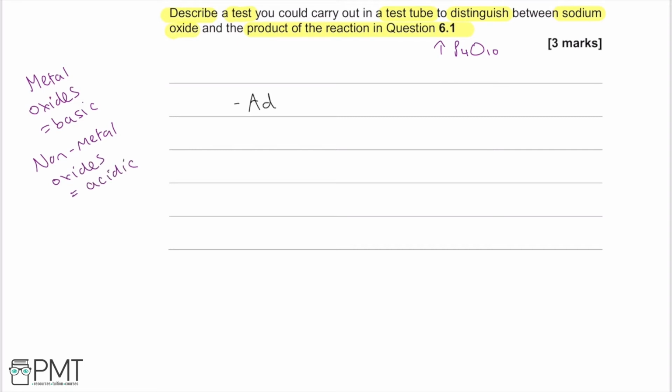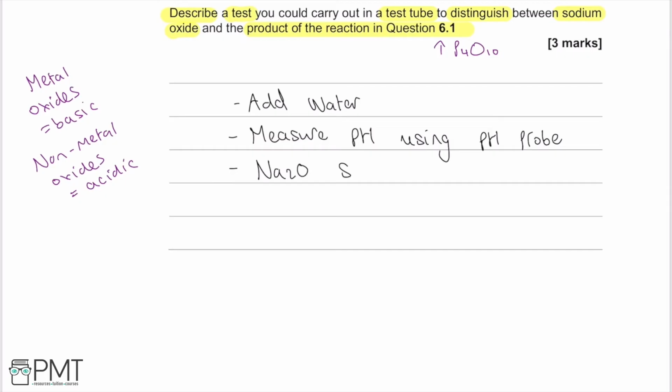So if we add water and then measure the pH using a pH probe, sodium oxide should have a higher pH than P4O10, as metal oxides are basic. And we get marks for saying reacting with water, measuring the pH, and then stating the distinction between the two compounds.